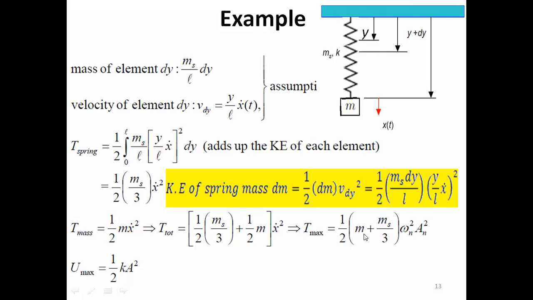So this is the maximum kinetic energy for the system. The potential energy is stored in the spring as strain energy, half kx square, and the maximum potential energy is at the extreme position, so it is half k a square, where instead of x we put the amplitude a.